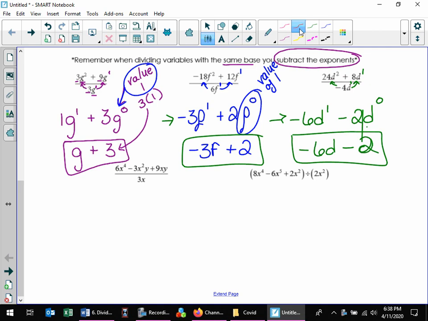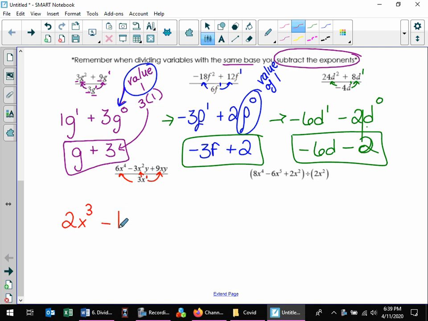The 3 has to go into the first term, the middle term, and the last term. All right, so 6 divided by 3 is 2. And I keep the x, and then I subtract the exponent. So this has an exponent of 1. All right, so 4 minus 1 is 3. Okay, good. Negative 3 divided by 3 is negative 1.